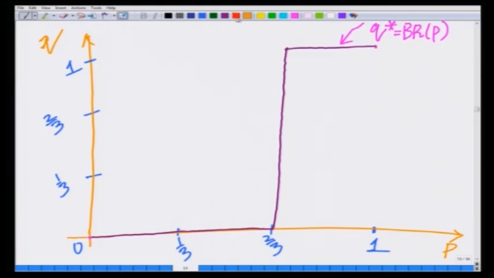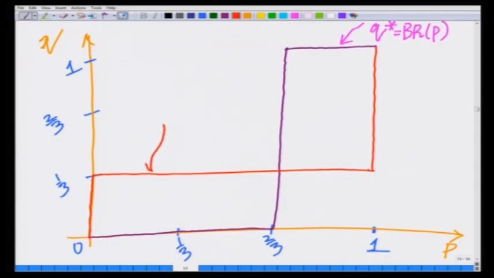If q is less than 1 by 3, best response p star is equal to 0, and if q is equal to 1 by 3, best response p star is any probability between 0 and 1. Therefore, this is the best response p star as a function of q.